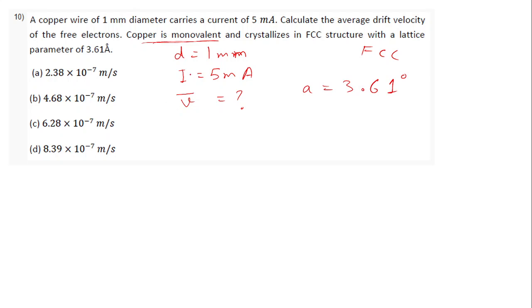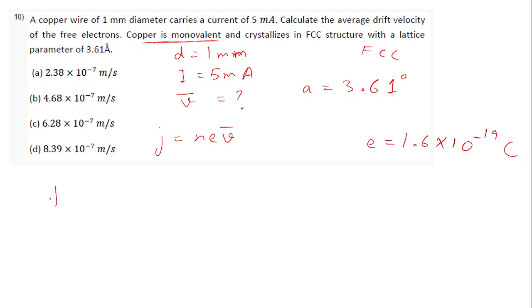To calculate drift velocity, we know current density is this. We need the number of electrons. We know the charge of electron, 1.6 times 10 to the power minus 19 coulomb. Drift velocity we need to calculate. Current we know.